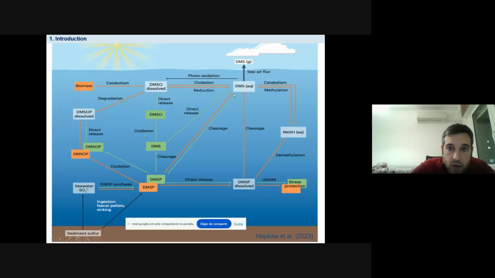Well, while the DMS is a significant marine biogenic sulfur compound, marine measurements show that DMS only represents around 15% of the marine biogenic sulfur cycling. In turn, the largest portion of marine biogenic sulfur cycling is routed to methanethiol, which is another volatile sulfur compound.